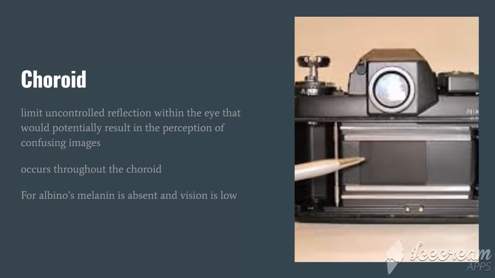So what we mean by limiting uncontrolled reflection is that inside of a film camera, it's all black.